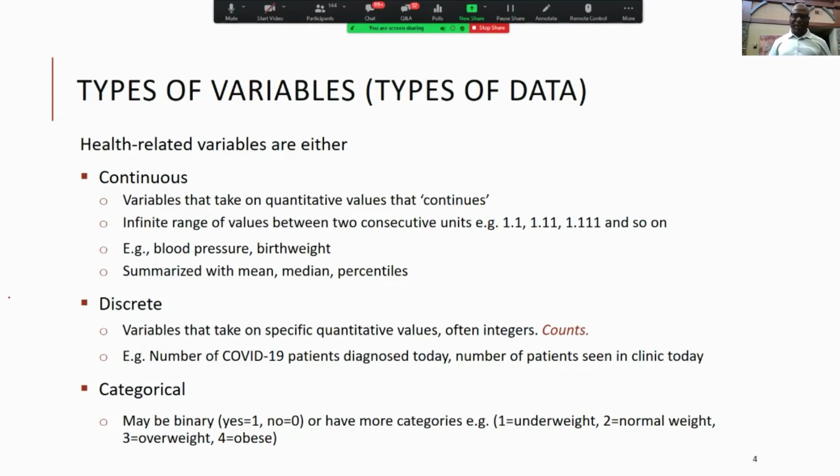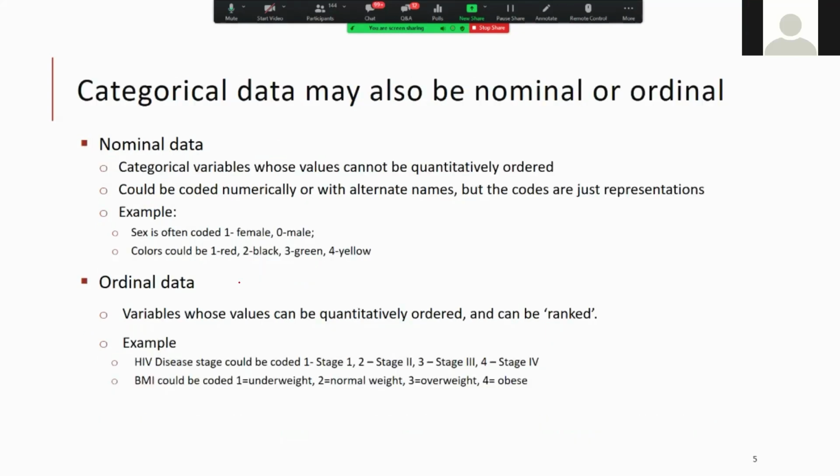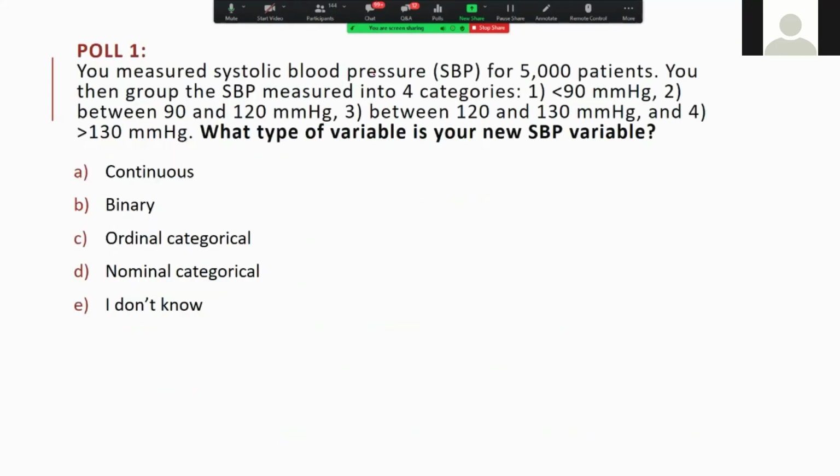And for most continuous variables, you can create categories. Does that answer your question? Yes, thank you very much. And if you look at the example, that's exactly what Dr. Mata explained happened in that example, where we had the continuous blood pressure and then we created categories out of it.